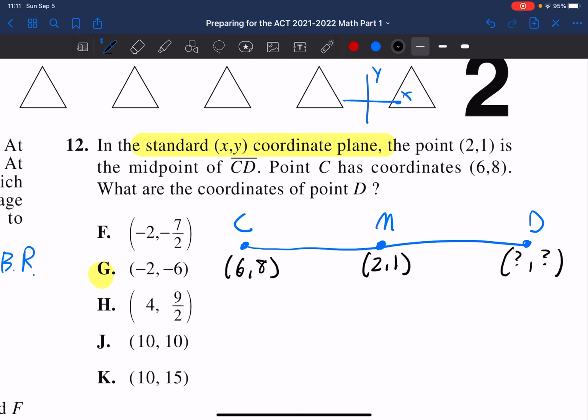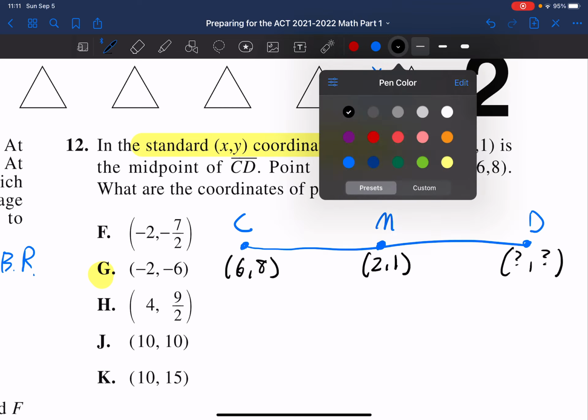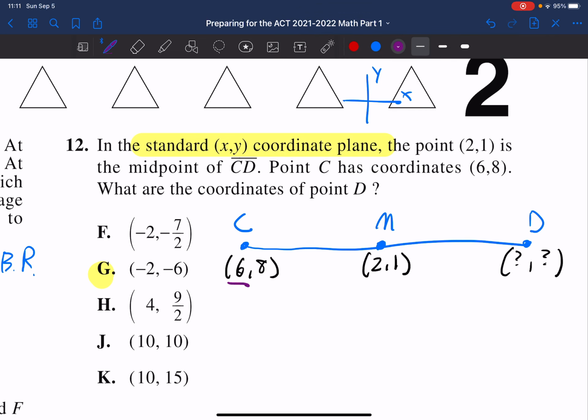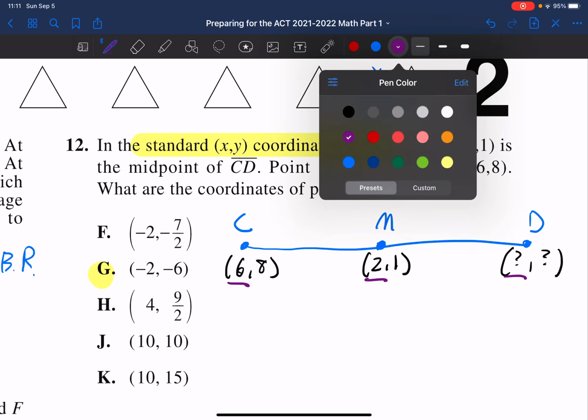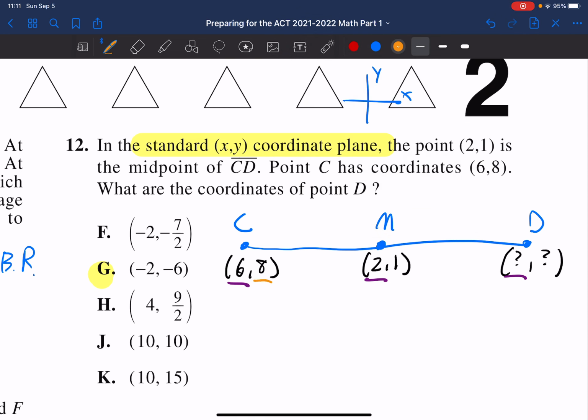Now what you need to be thinking about is the fact that the x and y coordinates are kind of distinct from each other. So I want you to think of them like this. The y coordinate of 1 is halfway between 8 and another number.